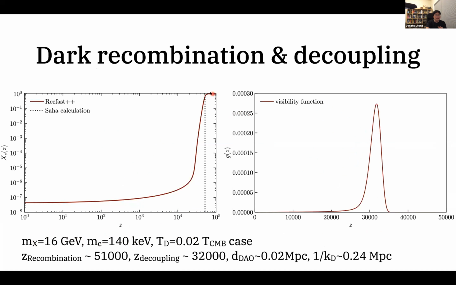Then we had to calculate the detailed recombination; I think here we use a Peebles 2-level calculation. Also, we have to calculate the visibility function, and associated with that is the dark acoustic oscillation scale. In this particular example, the dark acoustic oscillation scale is very small, about 0.2 megaparsec.